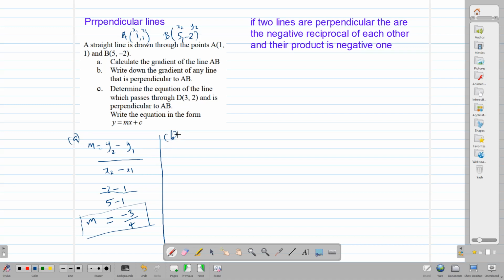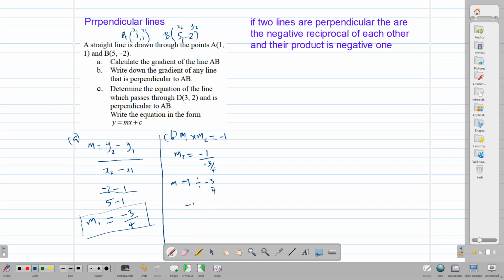Now, if two lines are perpendicular, the product of their gradients is -1. So if we have a line with gradient m1 and we have a line with gradient m2, then when we multiply those two numbers, we get -1, which means that in order to get our second gradient, m2 is equal to -1 divided by -3 over 4.